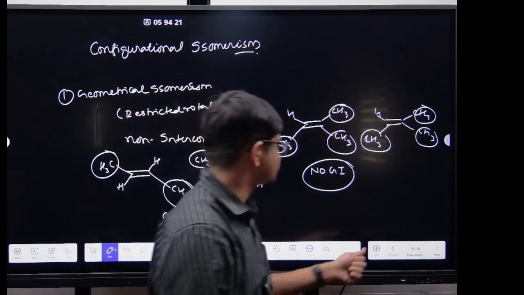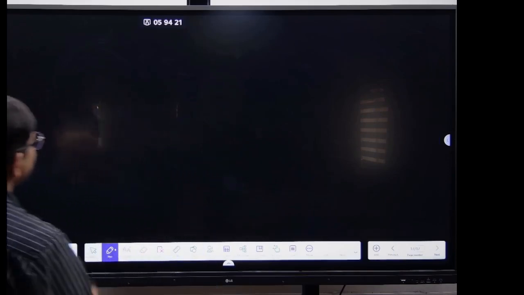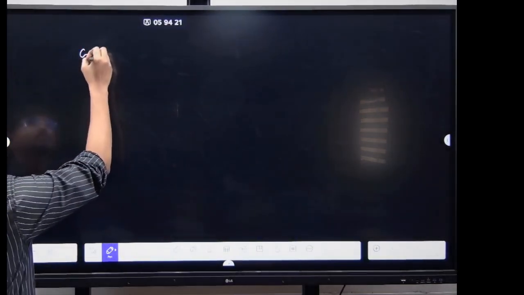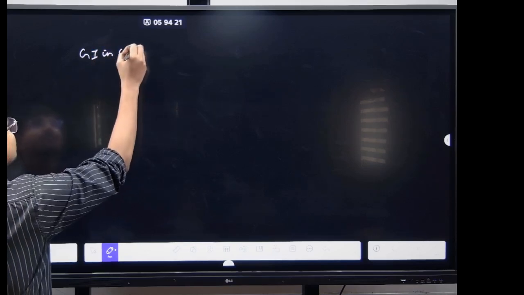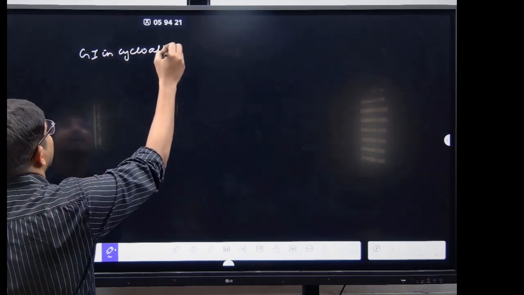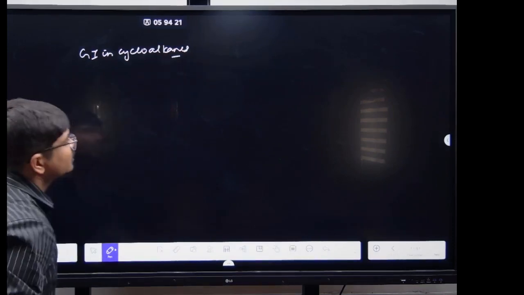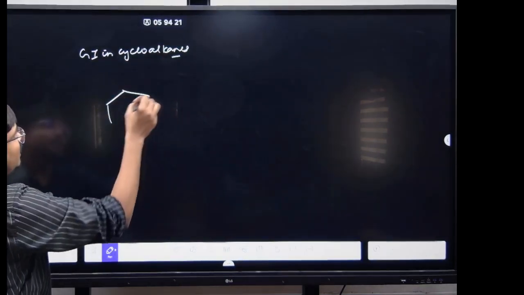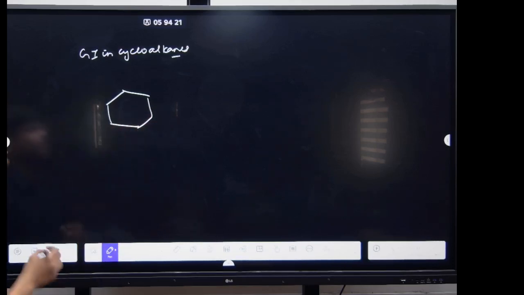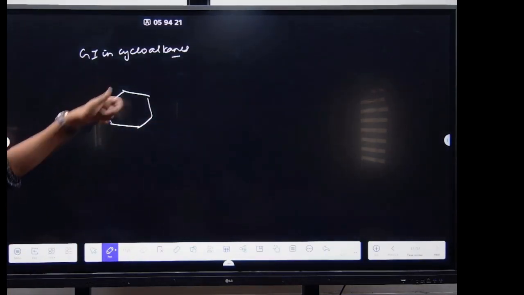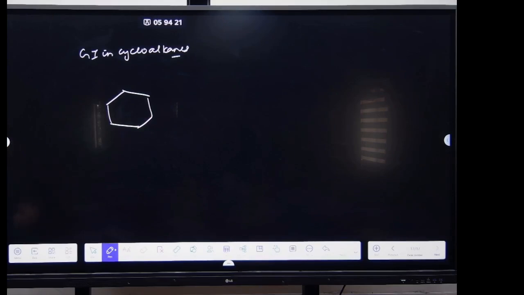Got it? Now the next one, see here, geometrical isomerism in cycloalkanes. Although it contains the single bond, it will not rotate, because this is a locked structure. Ring is basically a locked structure.